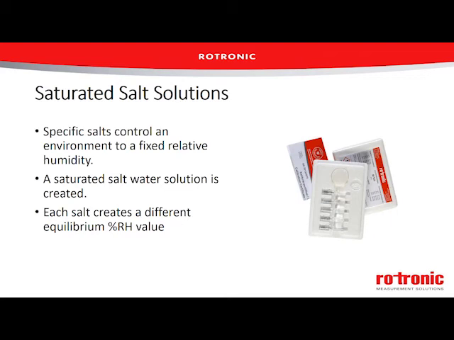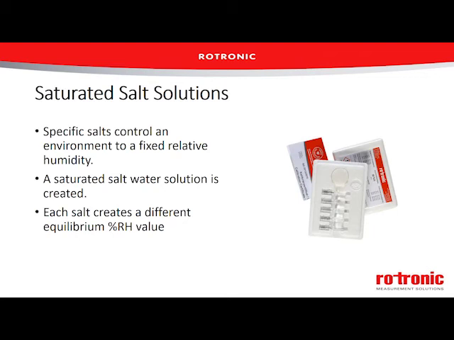So for a saturated salt solution, essentially what you've got, you take a pure water, distilled or deionized, something like that, and you add a specific salt to it. You put that into a closed container and let it come to equilibrium. What will happen is the airspace above that water will settle to a specific relative humidity depending on what type of salt is used in your saturated salt solution.